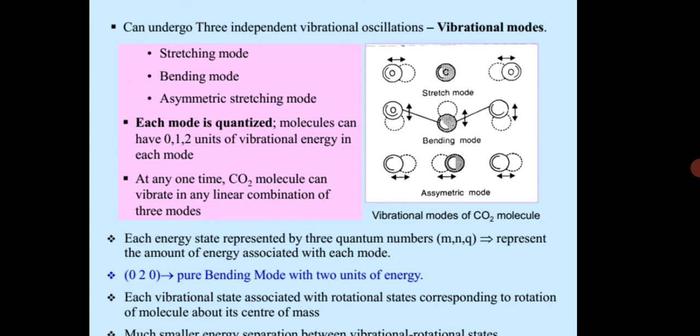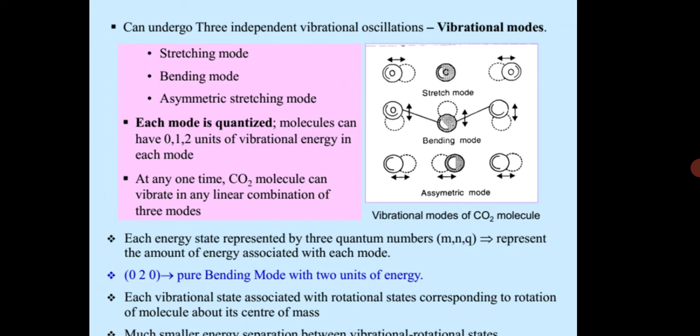At any one time, the CO2 molecule can vibrate in any linear combination of the 3 modes. Each energy state is represented by 3 quantum numbers m, n, q, which represent the amount of energy associated with each mode.